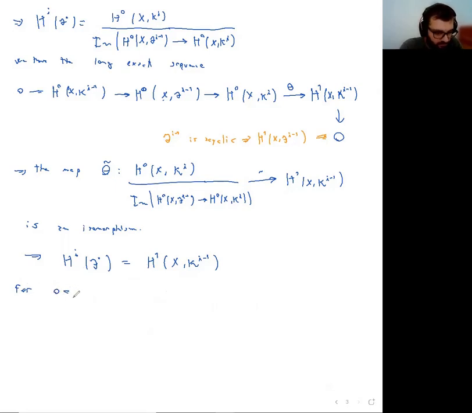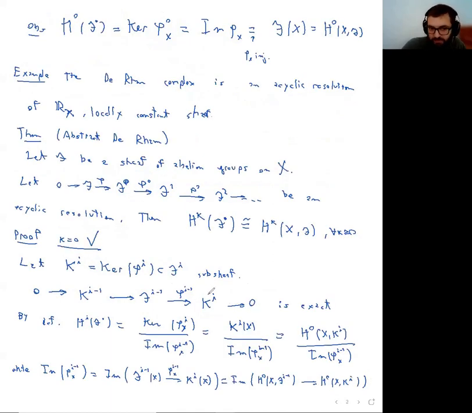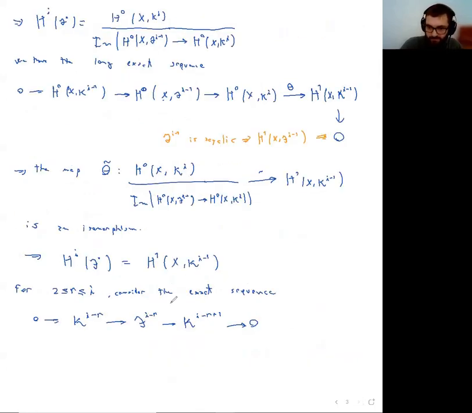So let's take our r, which is between 2 and i. So we have 0, K^{i-r}, F^{i-r}, K^{i-r+1}. This is exactly the same as before; we're basically just renaming the variable i to be i-r.